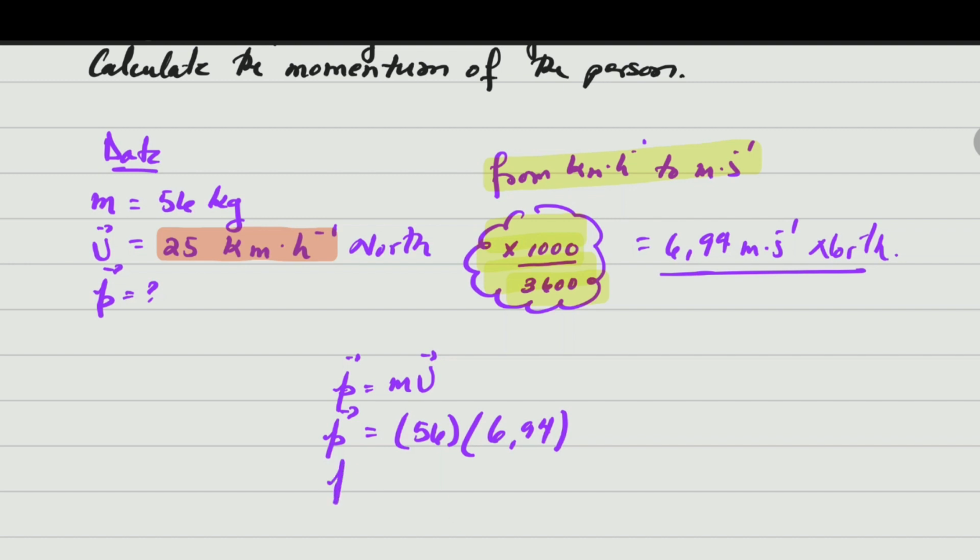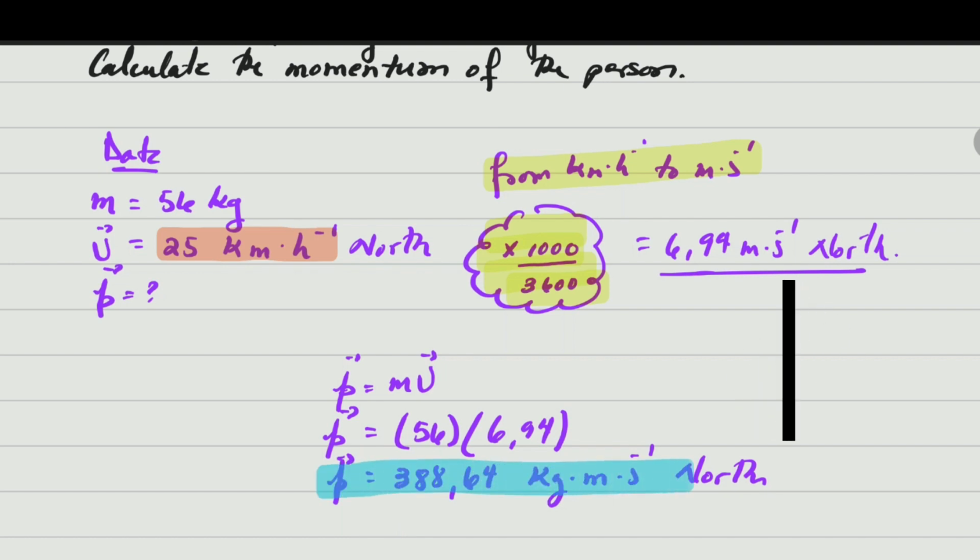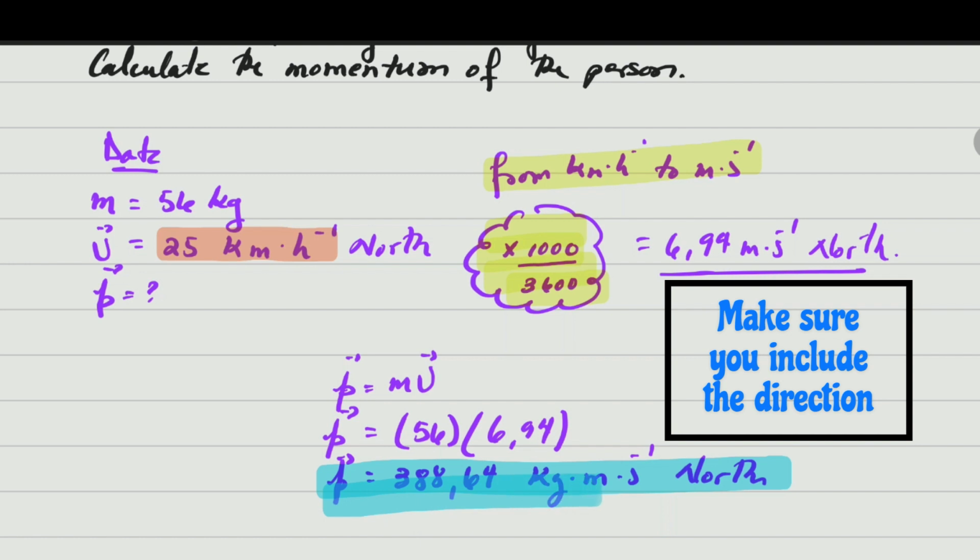Momentum is equal to 388.64, remember the unit, kilograms meters per second, north. The direction is very important because momentum is a vector and it also has direction.